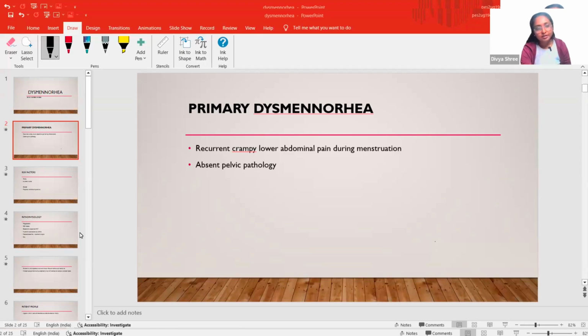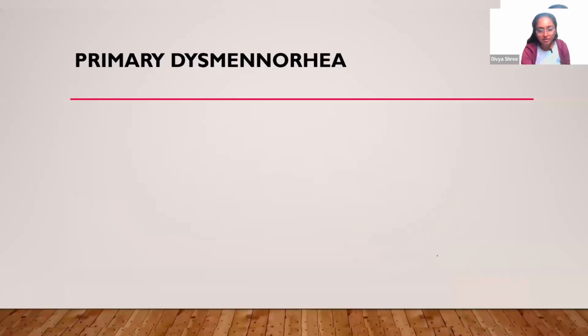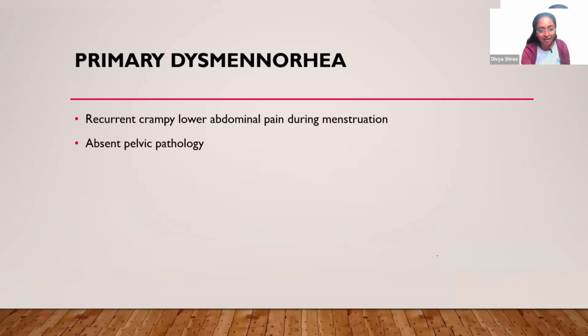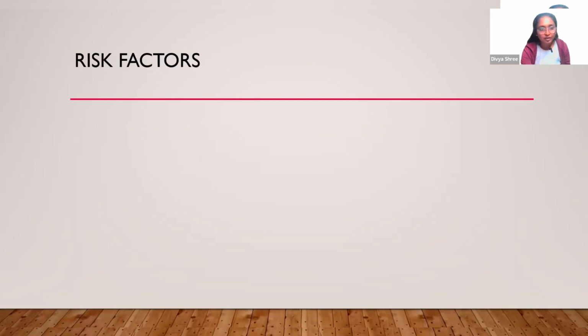Now let us come to the classifications of dysmenorrhea. There are two types: one is primary dysmenorrhea and the second is secondary dysmenorrhea. Primary dysmenorrhea is the pain occurring in the absence of any other problem, like any other pelvic pathology. Usually adolescent girls who are very sensitive to pain experience primary dysmenorrhea.